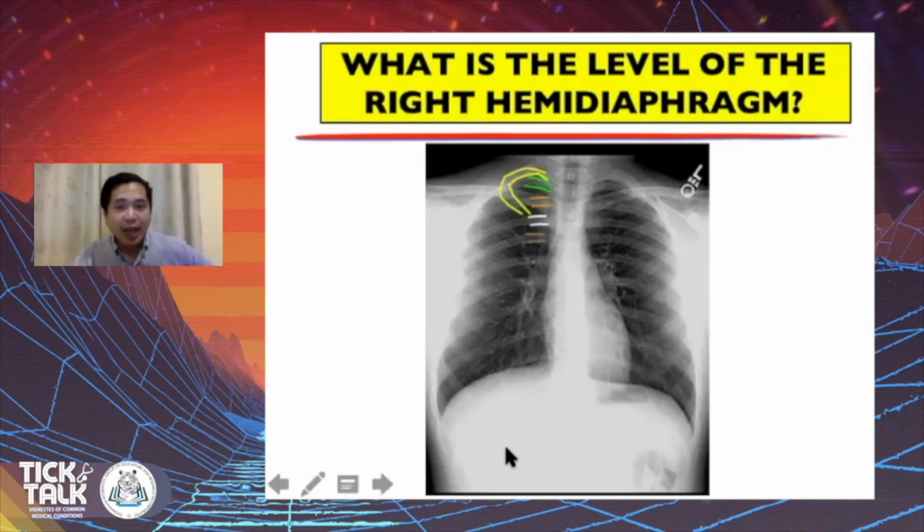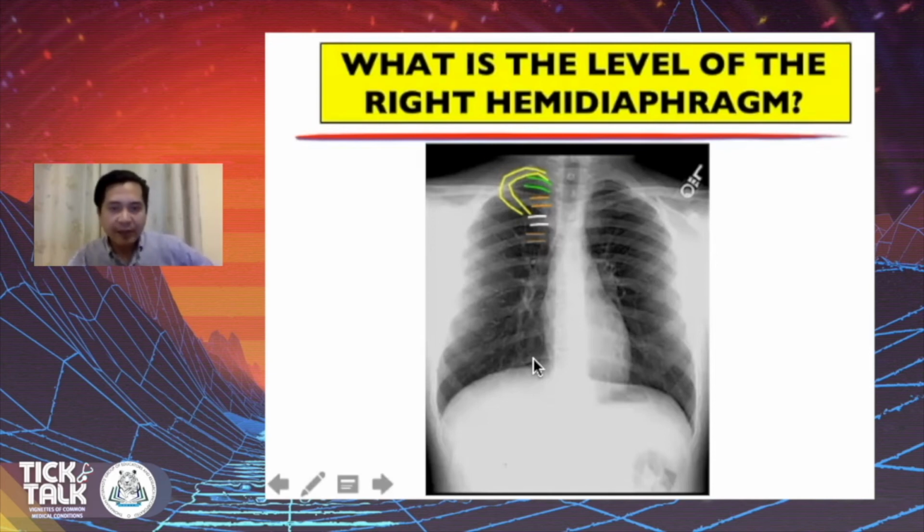We have to stress the importance of looking for the first rib that loops anteriorly first. This is the first rib. First, second, third, fourth, fifth, 6, 7, 8, 9, 10.